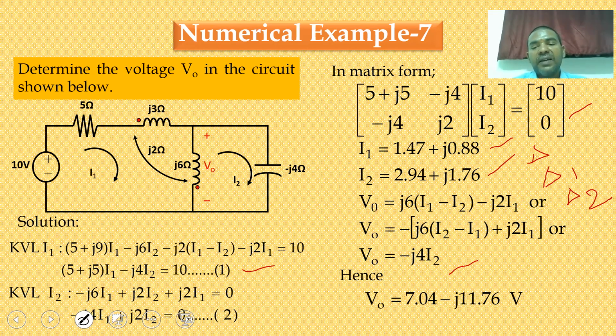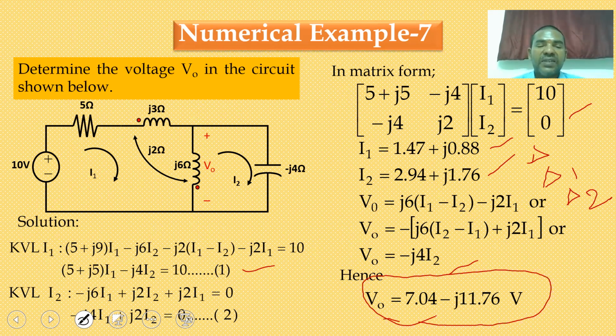So finally you can get this V0 value is equal to minus j times of 4 into I2. So now substitute the value of I2, 2.94 plus j1.76. So finally you can get the V0 value is 7.04 minus j11.76 volts. So like this you have to go for the calculation.